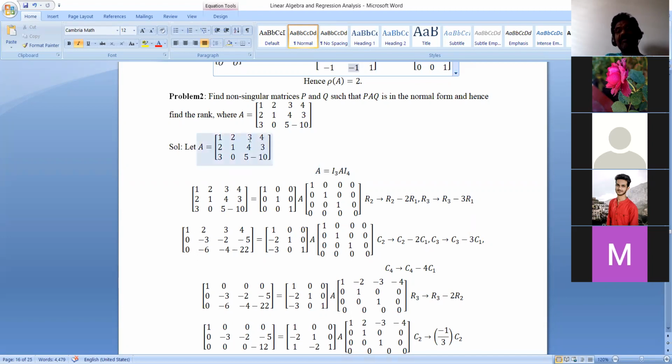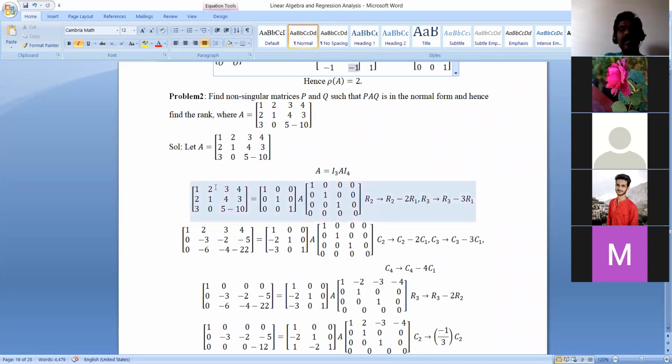I4 means the number of columns in this matrix is 4. That's why we have to take that as I4. So A equal to I3 into A into I4.